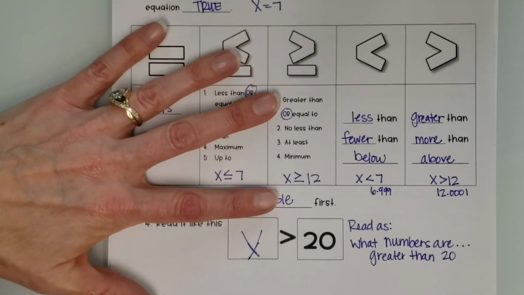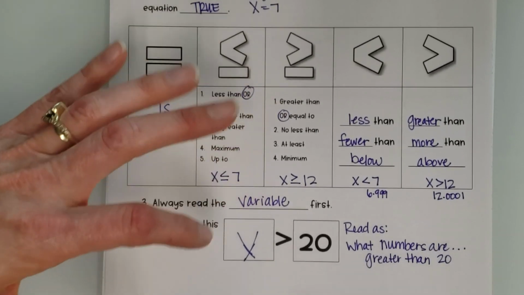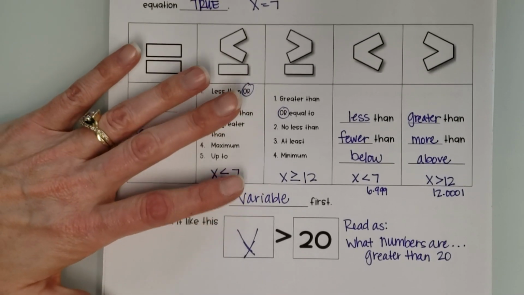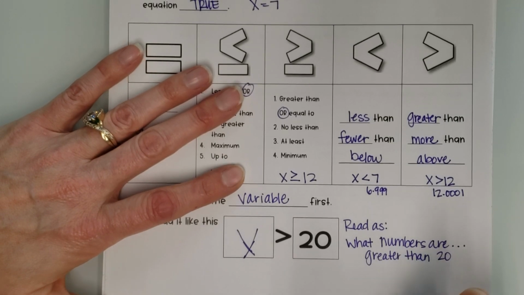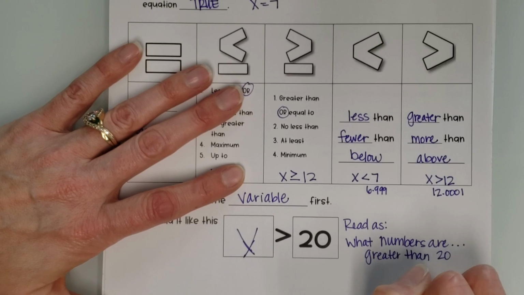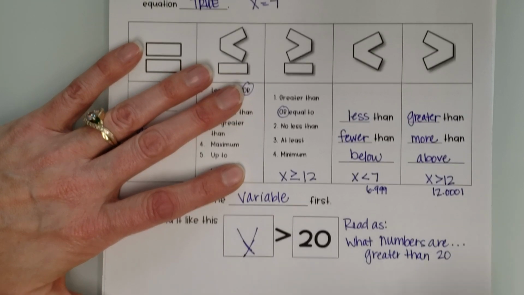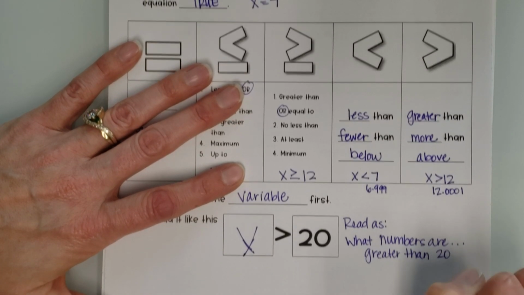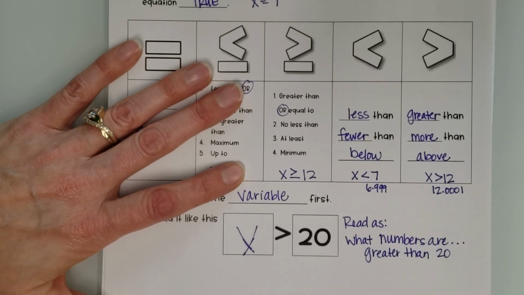This one right here, where the variable is on the right, we're going to read as negative 8 is less than, and then right here, what numbers?